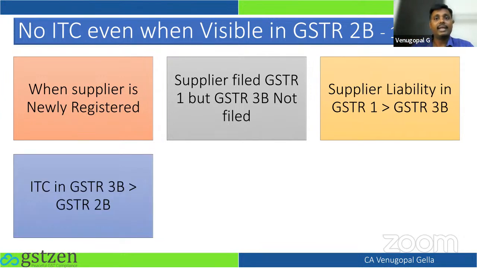Next, his liability in R1 and 3B is perfect. So you should be happy. But the input tax credit that he has availed in 3B is much higher than 2B. It's like he has reported 100 liability in R1, 100 liability in 3B also.